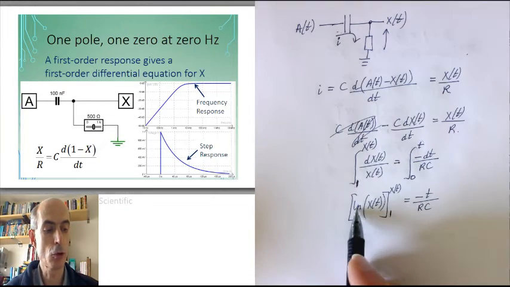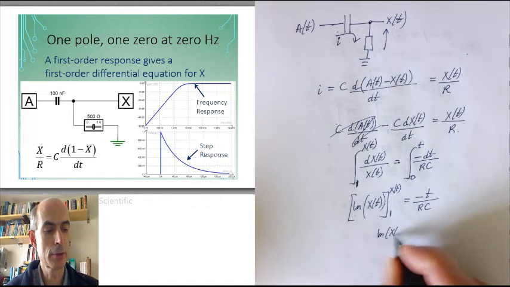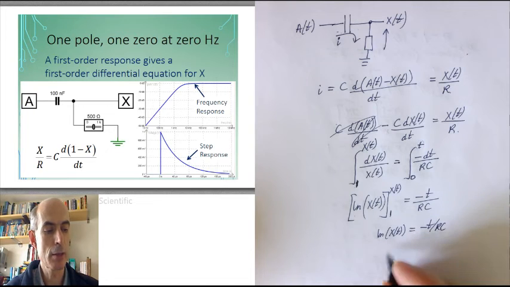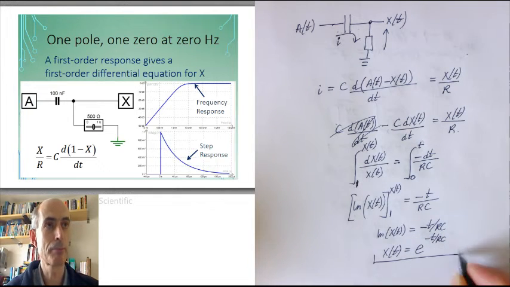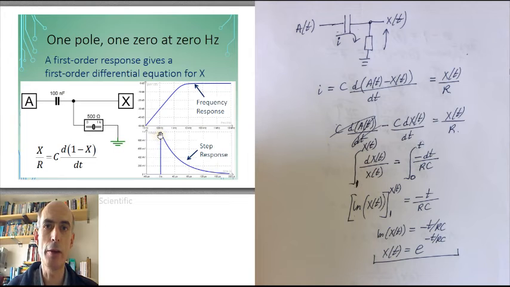Once again, the log of 1 is 0, so that just gives us the log of x of t is minus t over RC, and therefore the output is e to the power of minus t over RC. And that's the result that we're looking for here. It looks like this. It starts at 1, just after time t equals 0, and goes on an exponential decay.